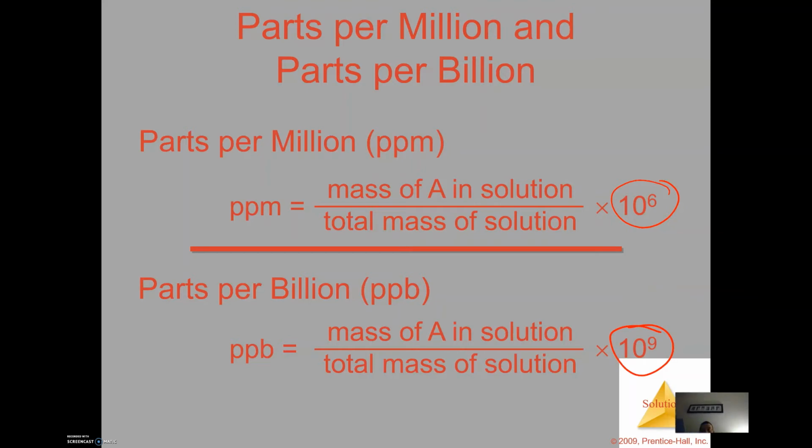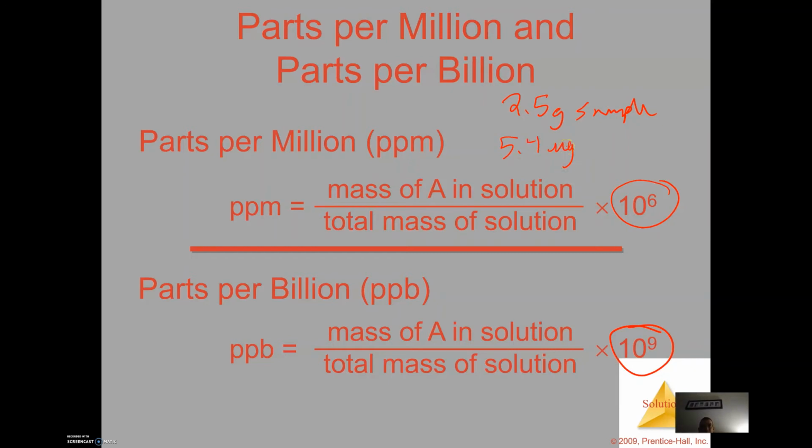So an example would be a 2.5 gram sample of groundwater was found to contain 5.4 micrograms of zinc 2+ ions. What is the concentration in parts per million? So in this problem, you have a 2.5 gram sample, and in that sample you had 5.4 micrograms.